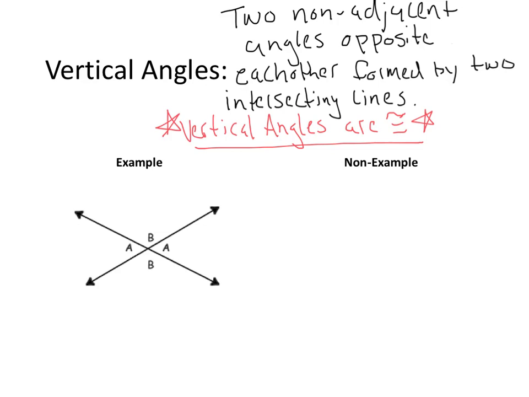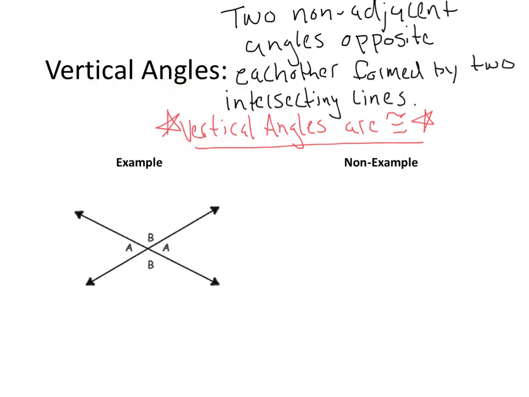As you can see, we have two intersecting lines, and we are given four angles, A and B. Well, we know that all vertical angles are congruent.